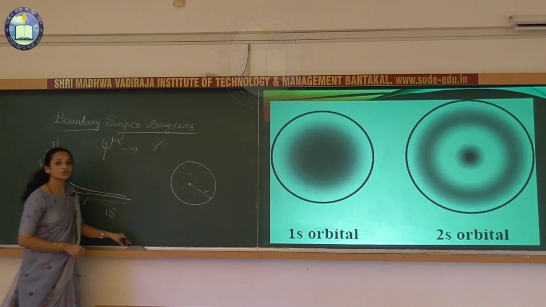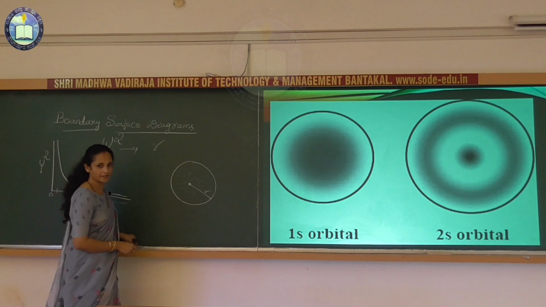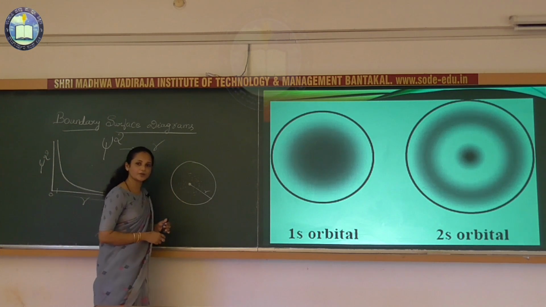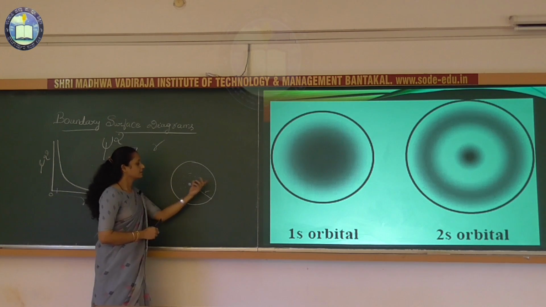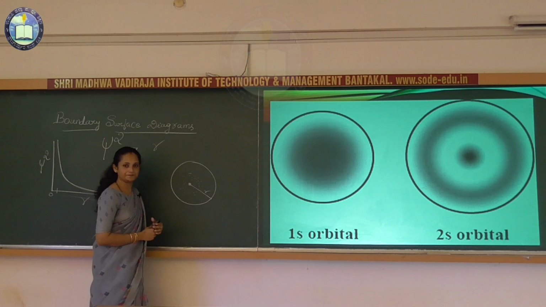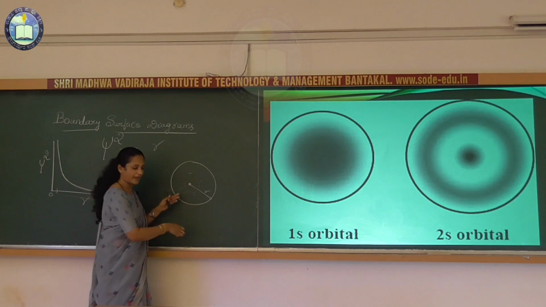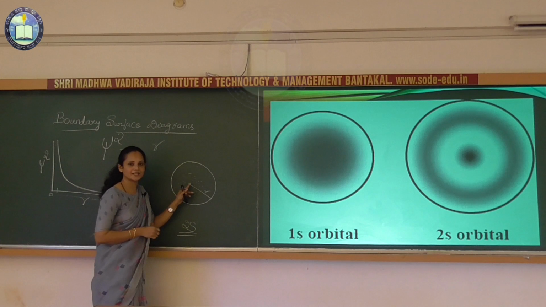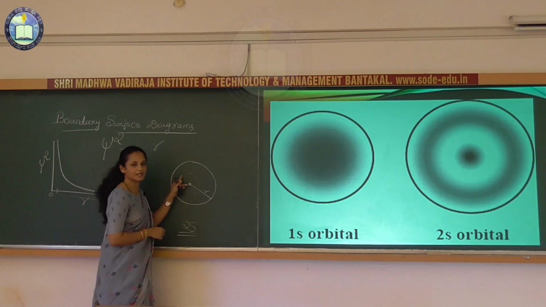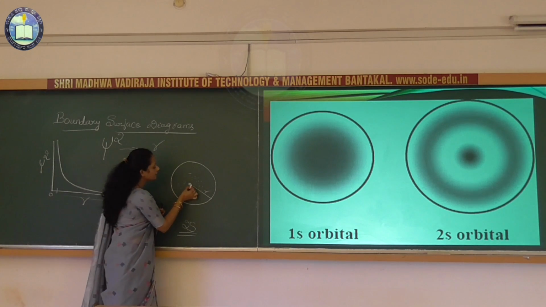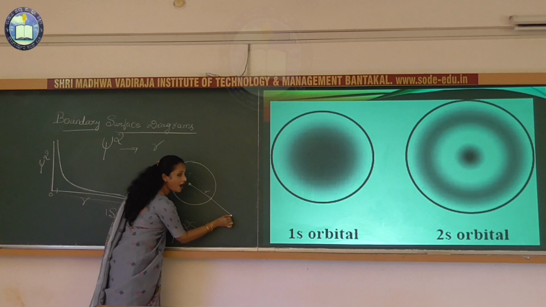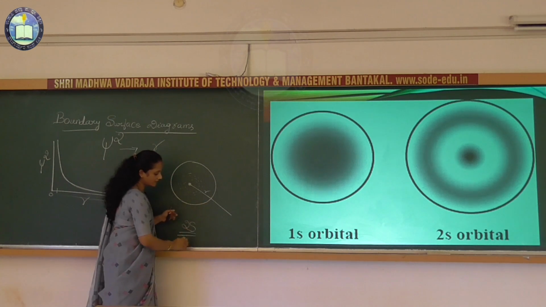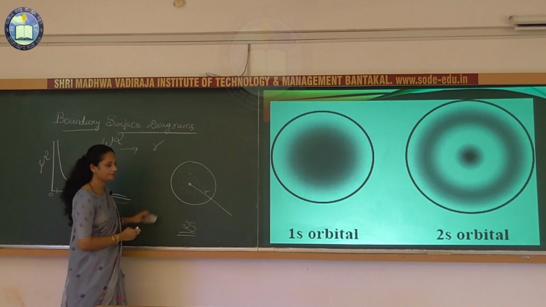ಅದೇ ನೀವು 2s orbital ಅನ್ನು ಕನ್ಸಿಡರ್ ಮಾಡಿದ್ರೆ same. In 2s orbital also the variation is same. Electron density is maximum. Now I will explain for 2s orbital. Electron density is maximum near the nucleus, but with increase in the value of r, it goes on decreasing. ಕಡಿಮೆ ಆಗ್ತಾ ಹೋಗ್ತದೆ.